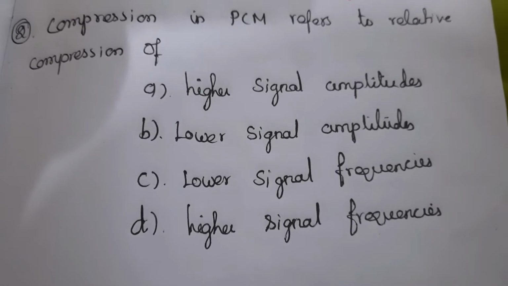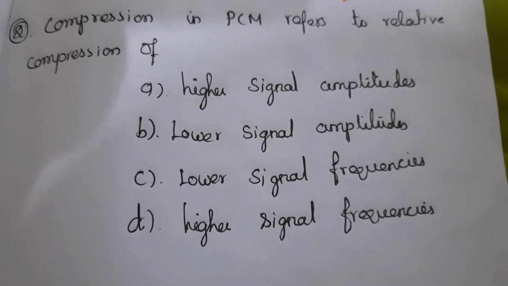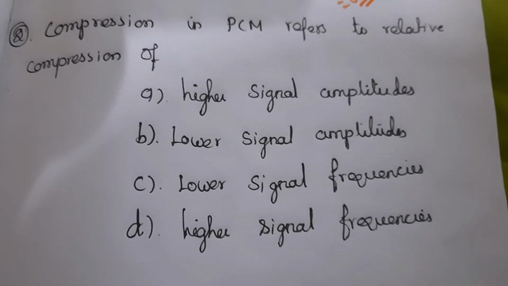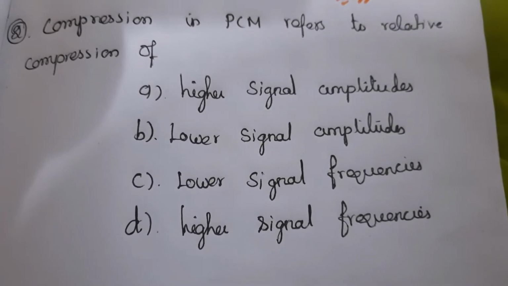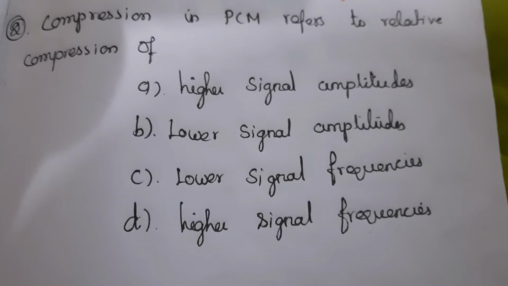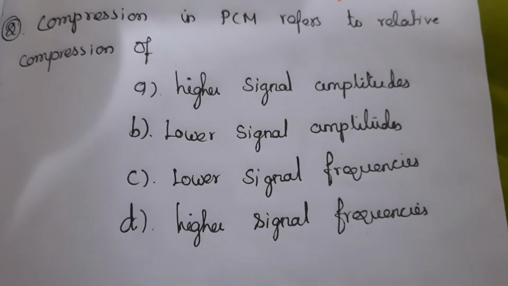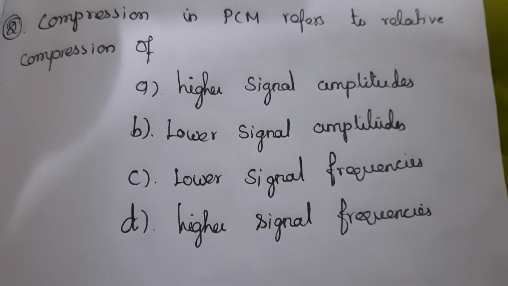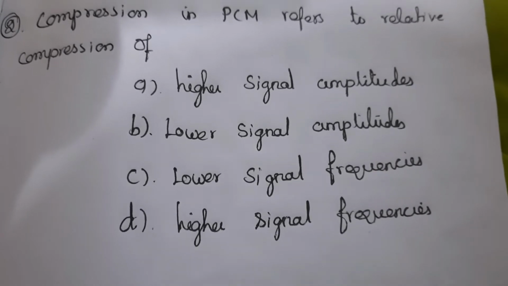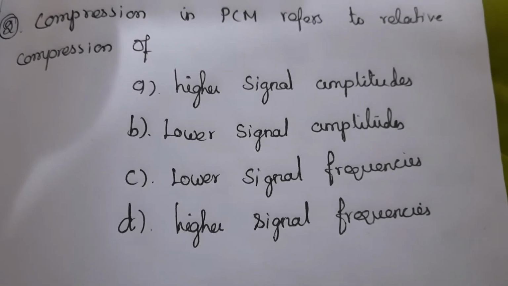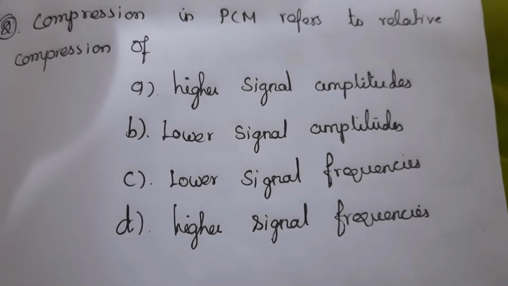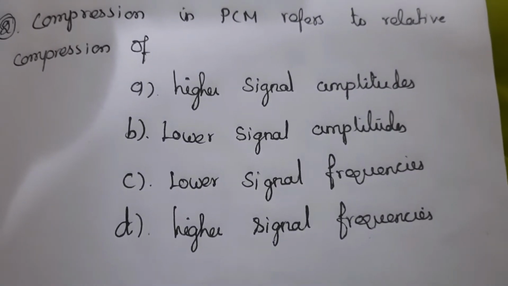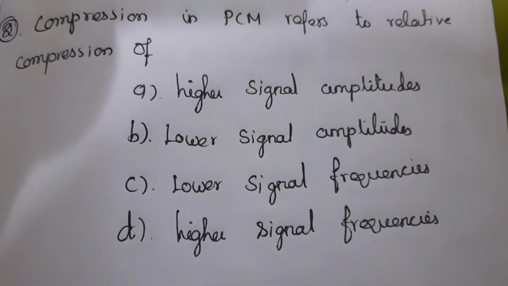Next question, compression in PCM refers to relative compression of. So in PCM, we compress the data at the transmitter side and expand the same data at the receiver side. So the compression in PCM refers to the relative compression of higher signal amplitudes.